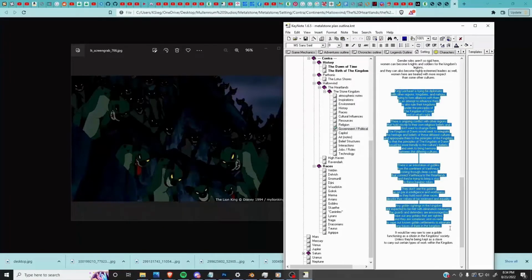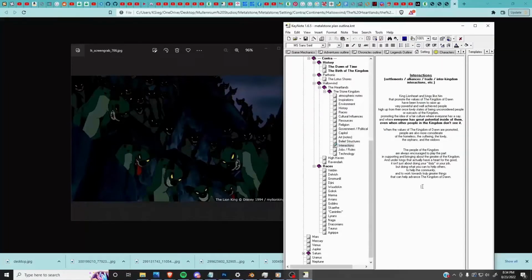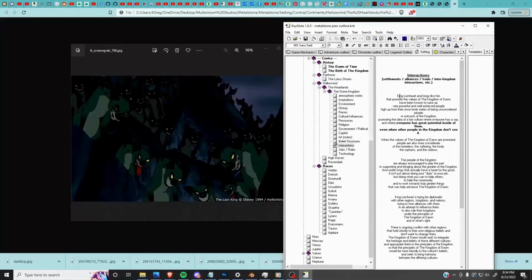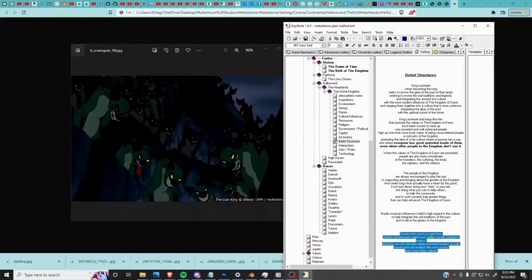So also everything that we put in the government and political structures now, we can also put as notes for the interactions, because these interactions could include things like alliances, which we've noted here because King Lionheart is trying to be diplomatic with other regions and kingdoms, and the sort of conflict that could happen because of it, and the idea that the people of the kingdom are pretty much completely against goblins because they're sort of infesting their land, is how they see it.